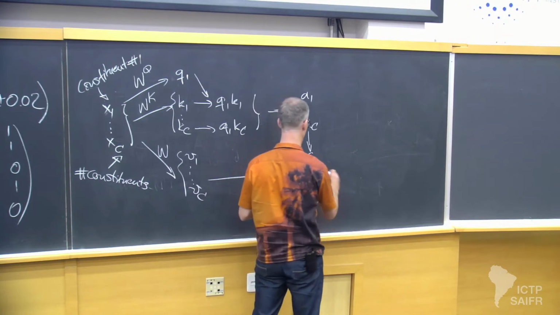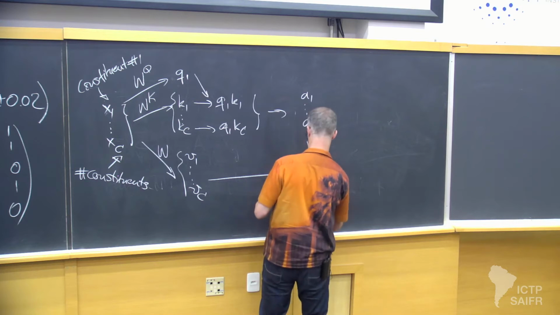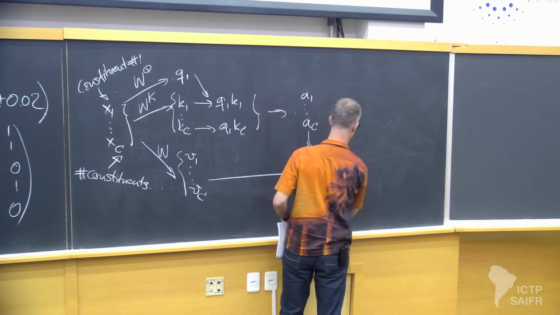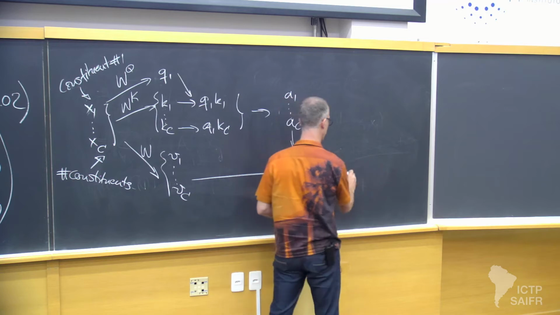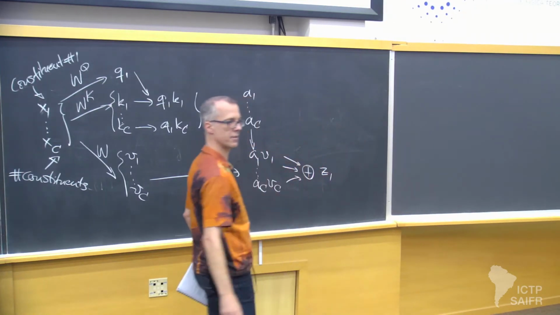So then you have a1 to v1, ac to vc. You add all of those up, or some other aggregation function, but that could be an aggregation function plus, that gives you a number z1.